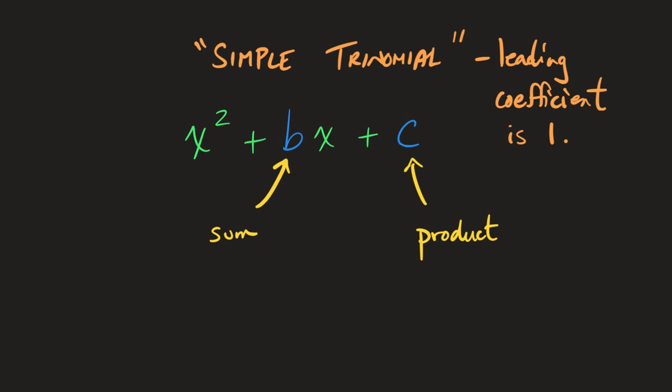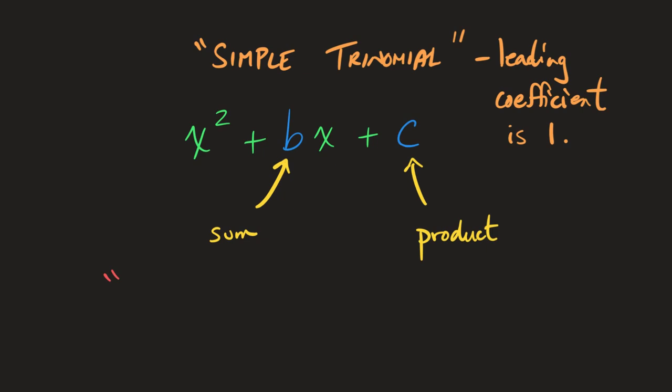So if I was to go through now and have to factor, every time we factor constants, we tend to ask ourselves a question like, hey, what are two numbers that multiply to give 15? Or what are two numbers that multiply to give 20? When we have a simple trinomial in front of us, we have to ask ourselves two questions. We start with our product because there's only a limited number of factors.